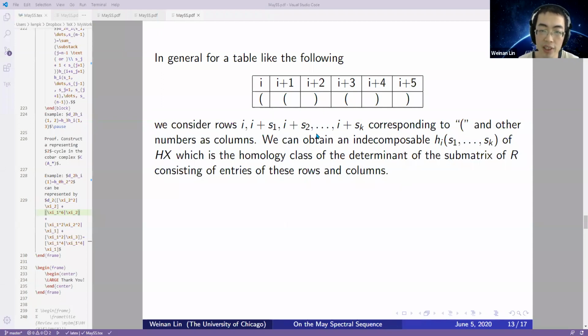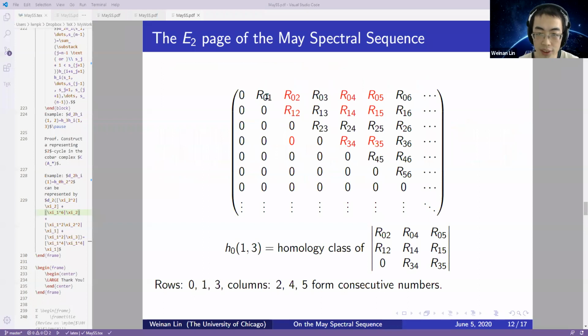Then that element is denoted, in this case, by H_i(1,3). So that's this example. These are the rows 0, 0 plus 1, 0 plus 3, and that's why it's called H_0(1,3). It's the homology class of this submatrix.